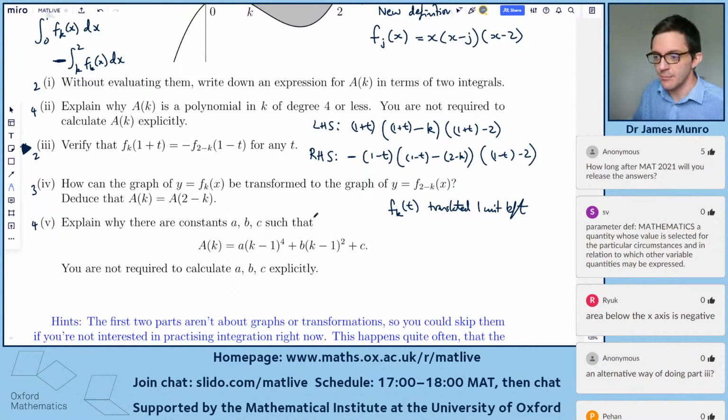Okay. The thing on the right hand side is a bit more complicated to interpret. It's f of 2 minus k t, and then a 1 minus t transformation has happened inside the brackets.